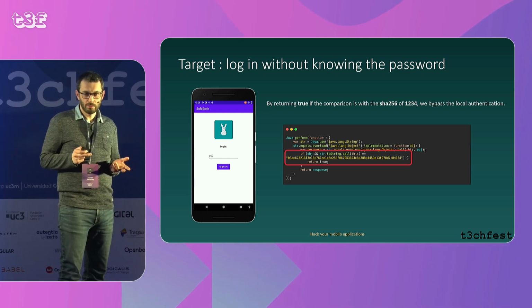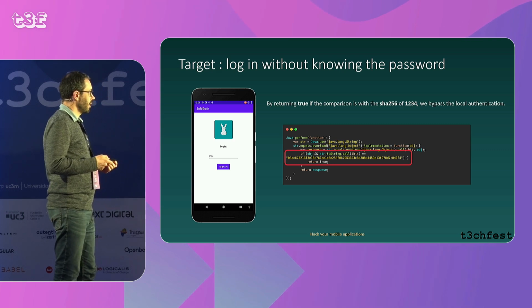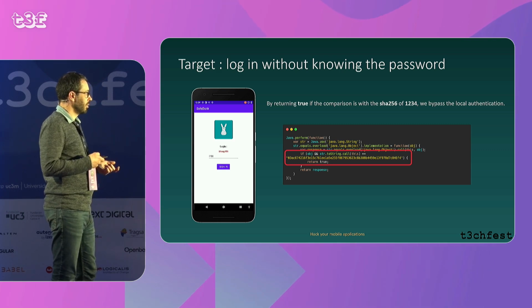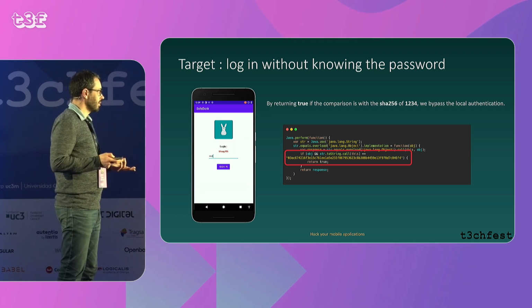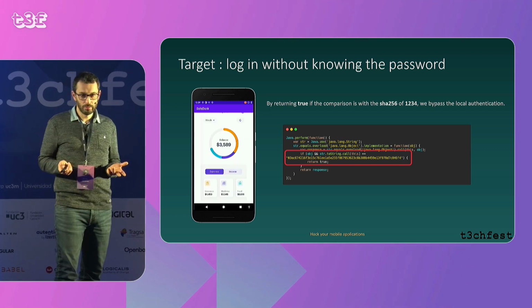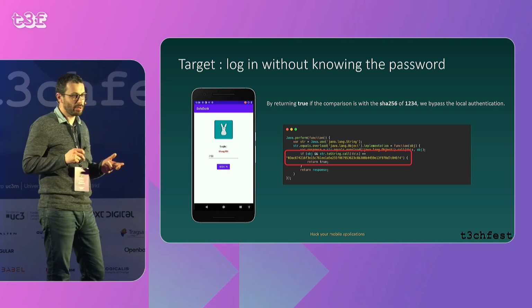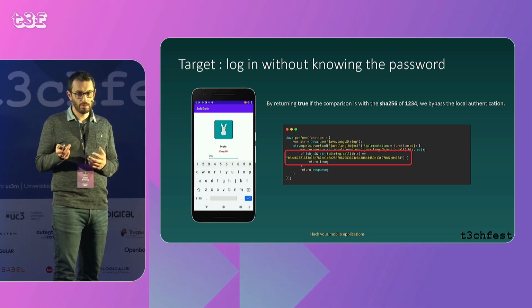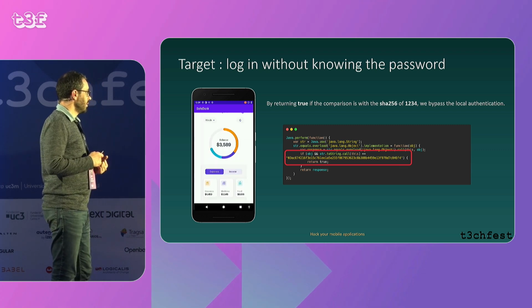So if I put 1, 2, 3, 4 in the PIN here, I will have 0, 3, AC, etc. in my PIN, and the equals method returns true. And that's it. I directly change the behavior of the application, and I can log in to the bank application.